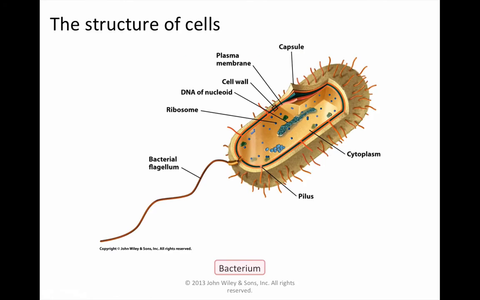Now we move into the structure of cells. So we'll start with the prokaryotes, which are bacteria. And these images of the structure of cells are just example images. It will have everything in it. So any structure that could possibly happen within a bacterium or a eukaryotic cell is going to be on there.